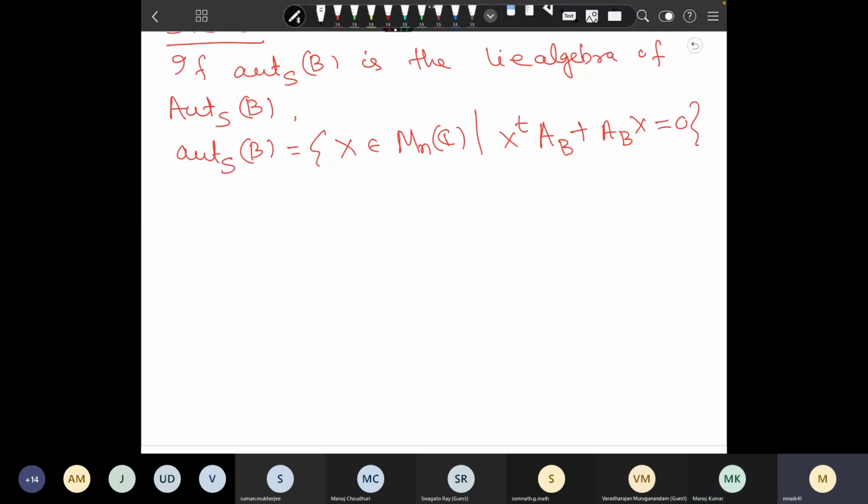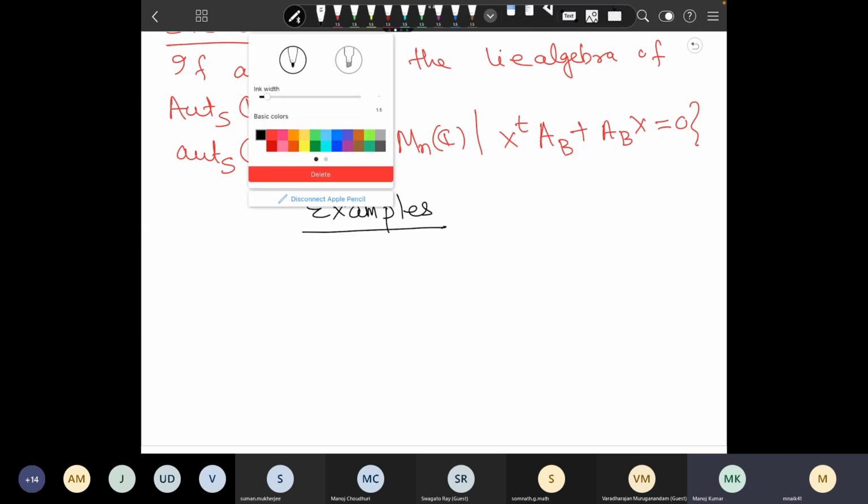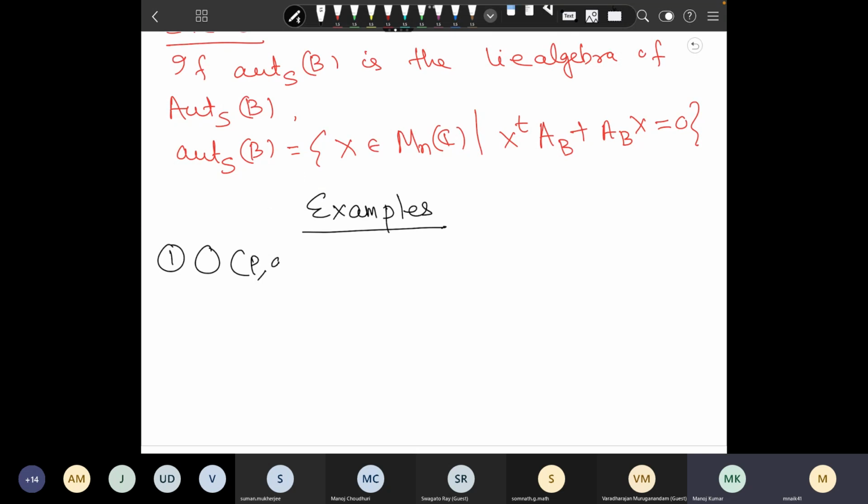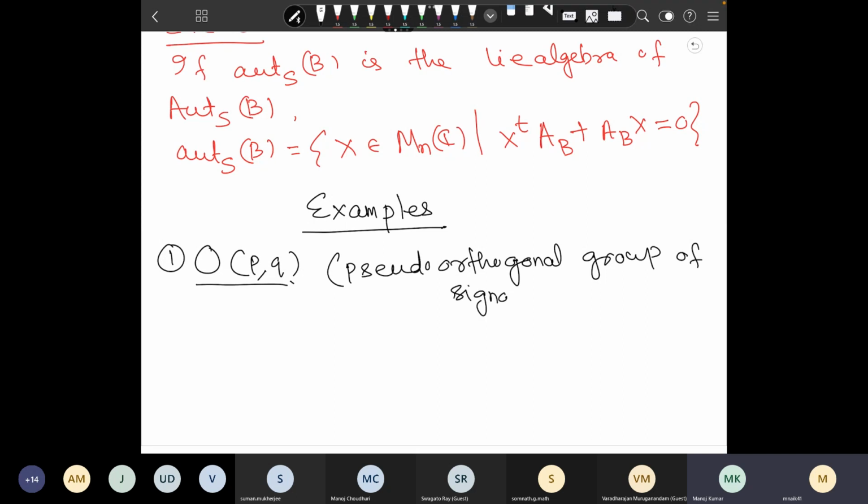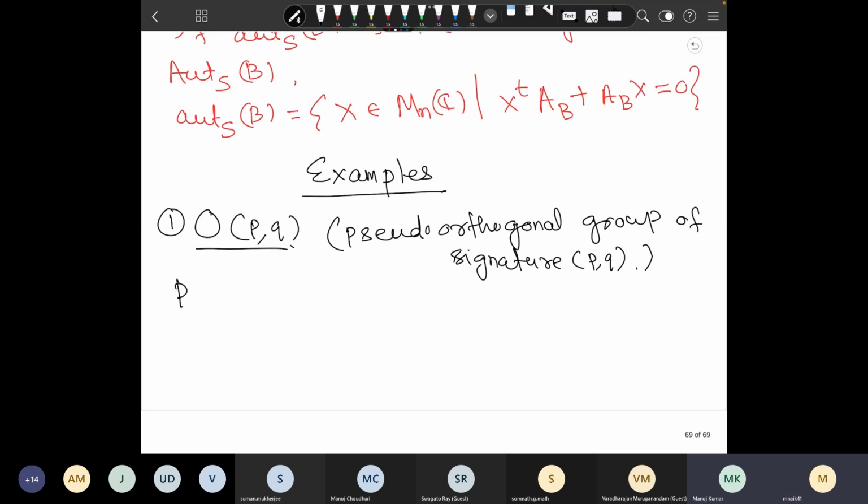Okay, so examples of this thing. The first thing I will take is the so-called O(p, q). This is called the pseudo-orthogonal group of signature (p, q). So what is the bilinear form?